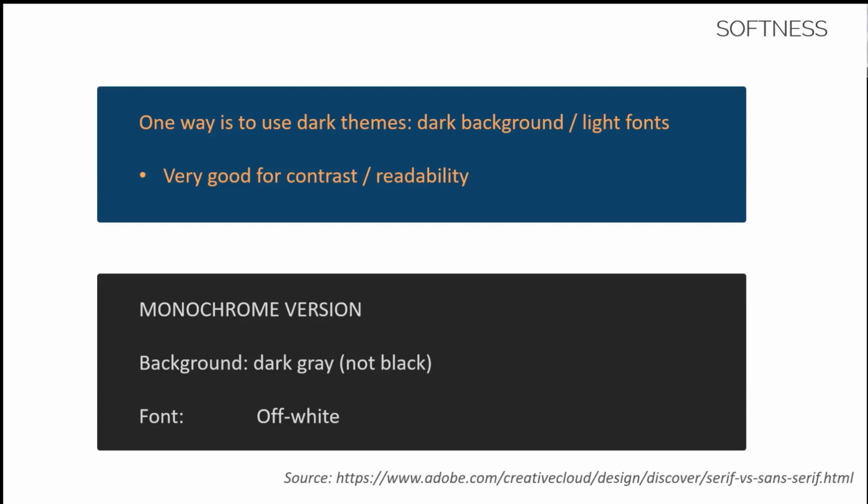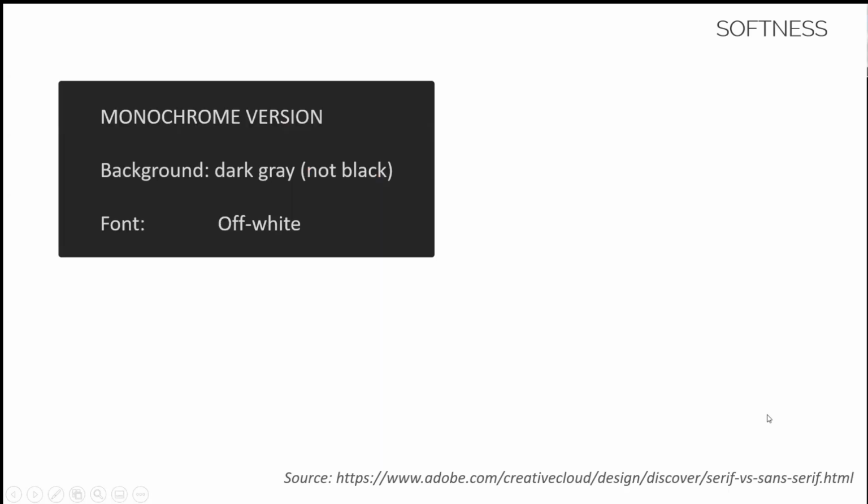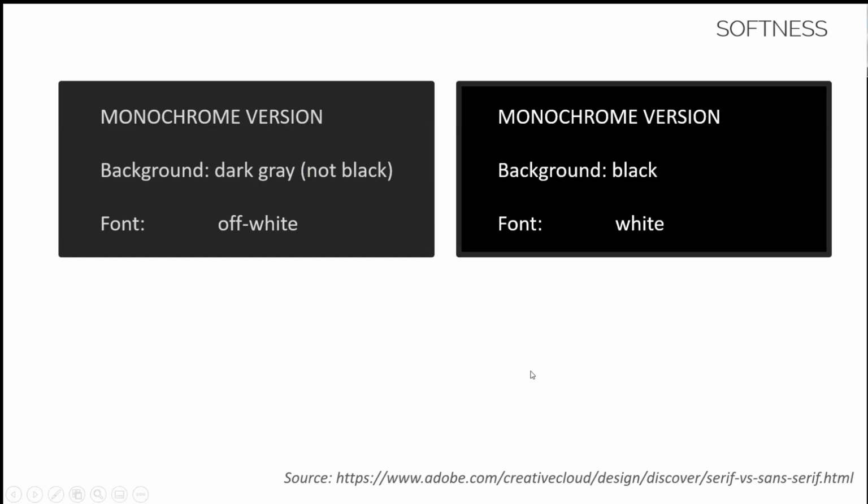And here I have a monochrome version down the bottom, and it's not actually black and white, it's dark gray on off-white, which I find a bit softer than, say, black on white. So here I have that monochrome version that I talked about, and then we have the comparison of the completely black and white version.